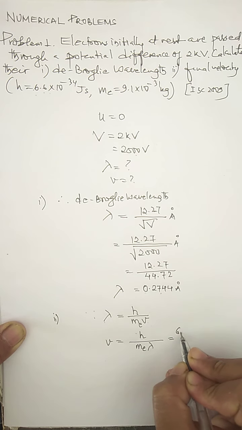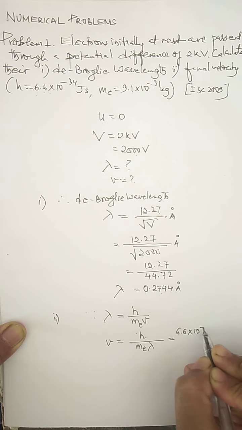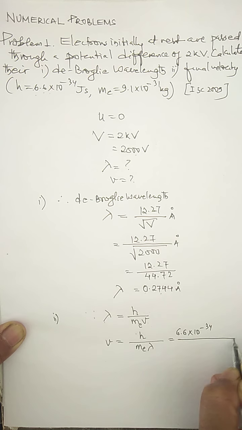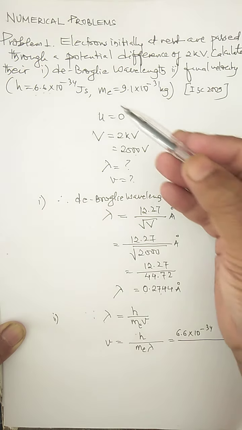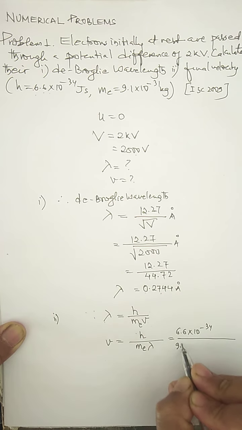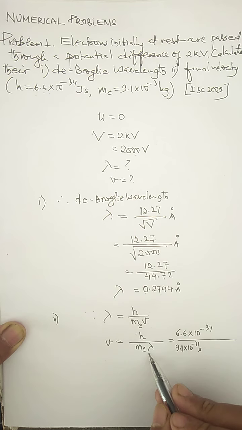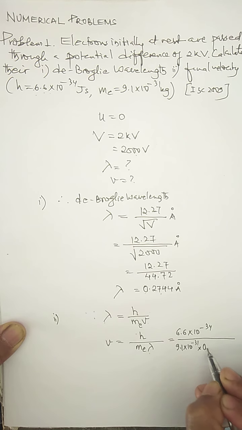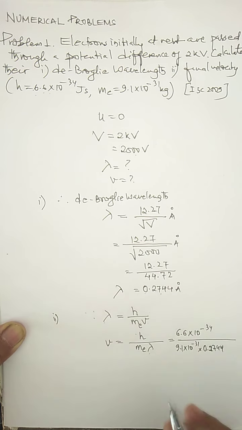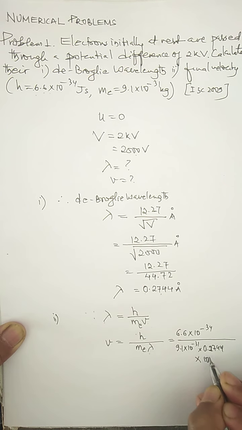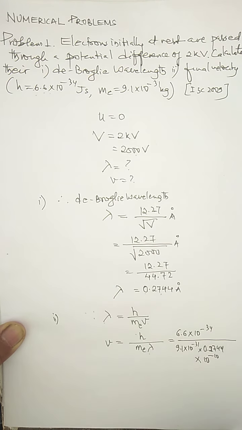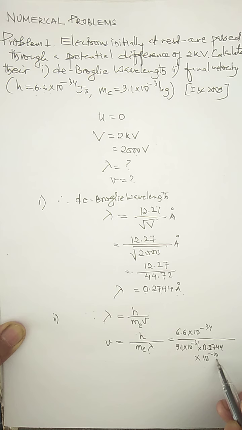Planck's constant 6.6 into 10 to the minus 34, divided by me, the mass of the electron, 9.1 into 10 to the minus 31, into lambda, which is 0.2744, the de Broglie wavelength, into 10 to the power minus 10 meter, because I have to convert Angstrom into meter; to convert Angstrom into meter, I multiply by 10 to the minus 10.